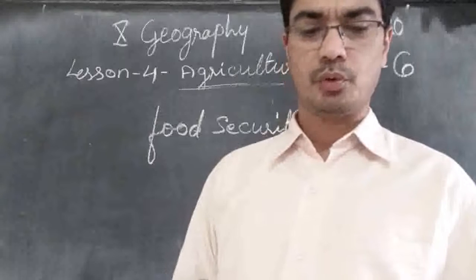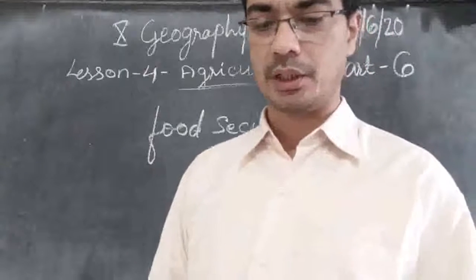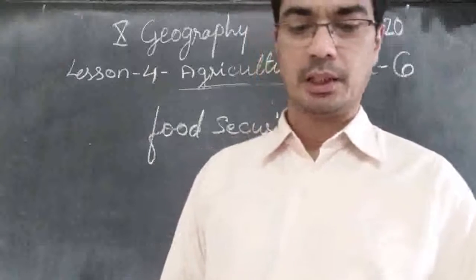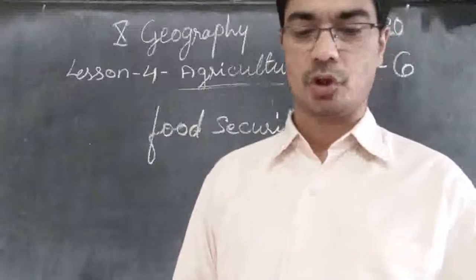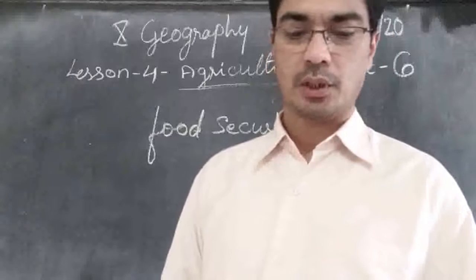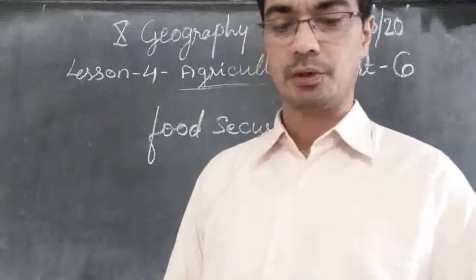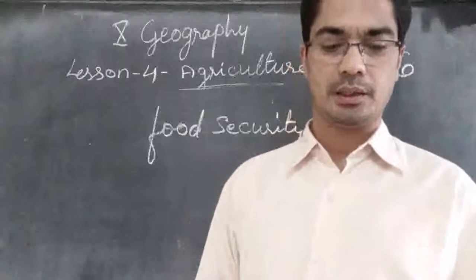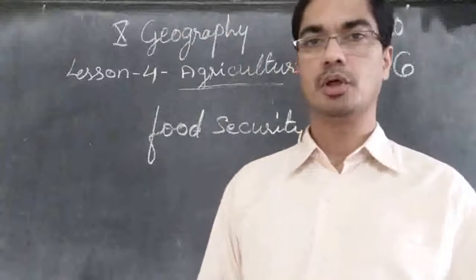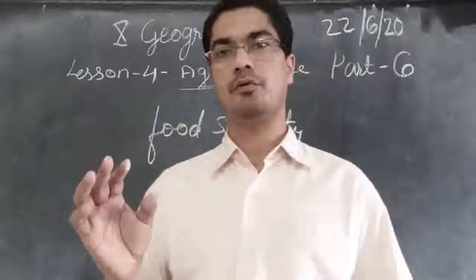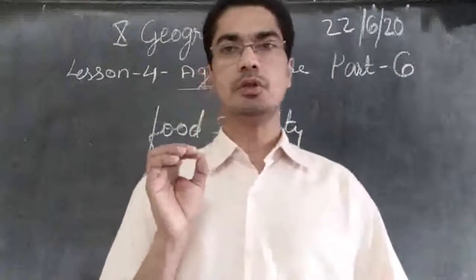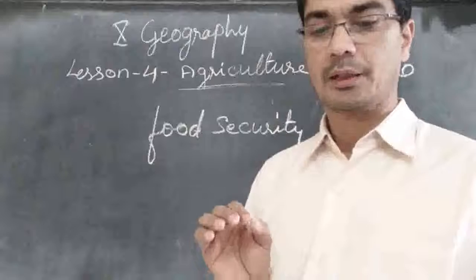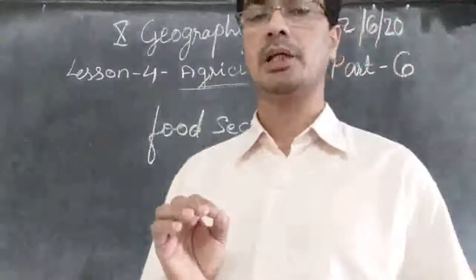The number of people who do not have food security is disproportionately large in some regions of our country, particularly in economically less developed states with higher incidence of poverty. So if you go through India, we find that those states that are poor, they are suffering from malnutrition.